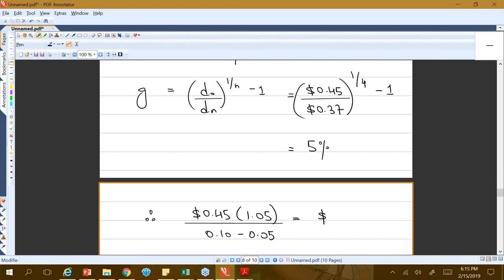Working this out to 2 decimal places, we should have $9.45.